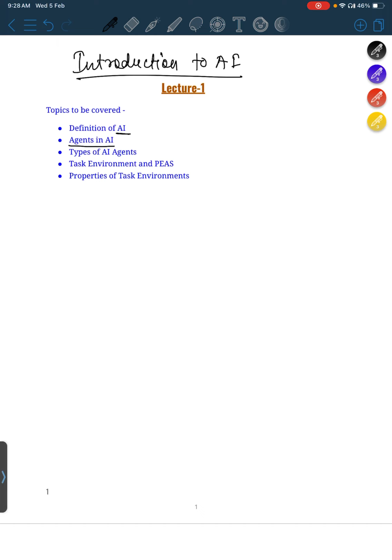So what are agents and different types of agents, etc. Apart from the agents, we'll also talk about the task environment: what is the task environment, where the agent is working, and what are the properties of that task environment. These are the few basic things that we are going to cover in this lecture. So let's start with the most basic one, the definition of AI.